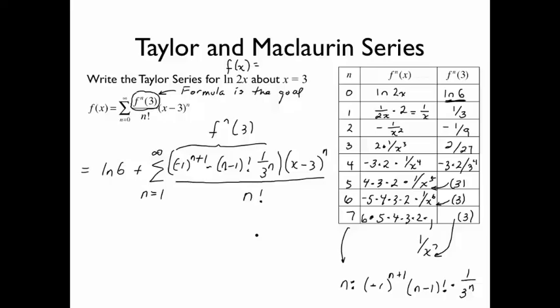Okay, now can we simplify that? Is there anything in that that can simplify? The answer is yes. What is it? Yeah, the factorials. We have n minus 1 factorial in the top and n factorial in the bottom. So this is definitely fair game for the test. What does that simplify to?